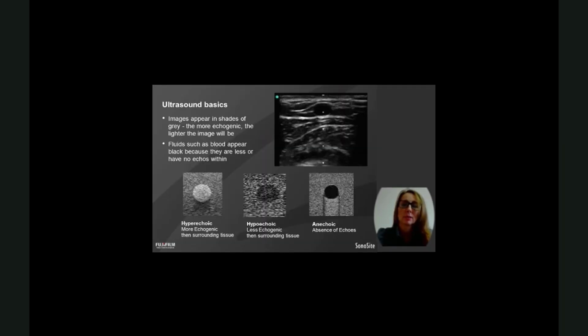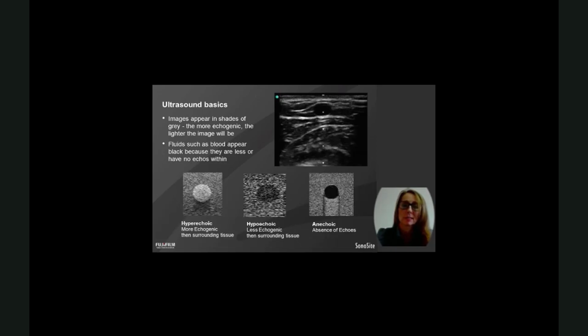So images on the ultrasound do appear in shades of grey. Basically, the more echogenic, the lighter the image will be, and the less echogenic, the darker it will be. So if you look at the images that are here, you can see that some of the images are lighter.